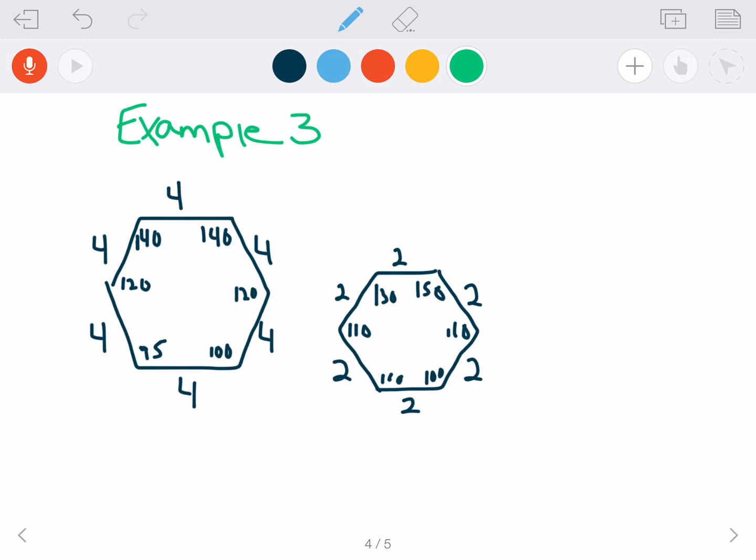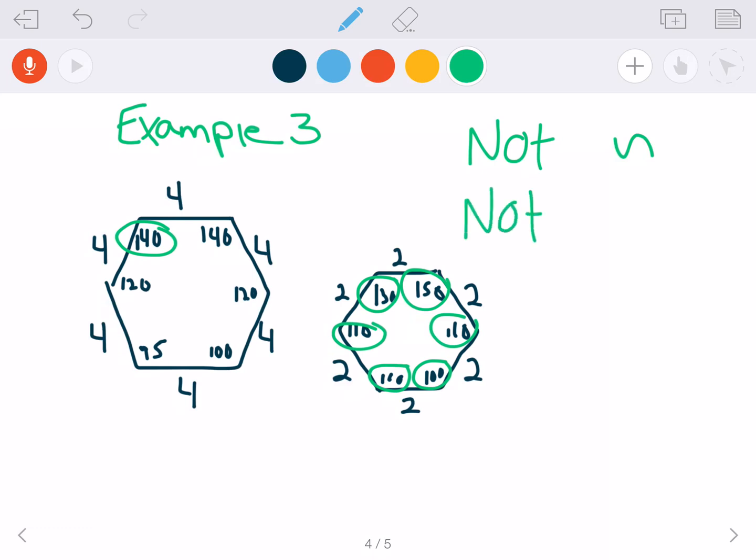Very last one we're going to talk about is looking at this. Again, I would pick out angles first. So when we're looking at these two shapes, I automatically see that I've got 140, and I do not see a 140 anywhere else on here. I got a 130, 110, 110, 100, 110, and 150.